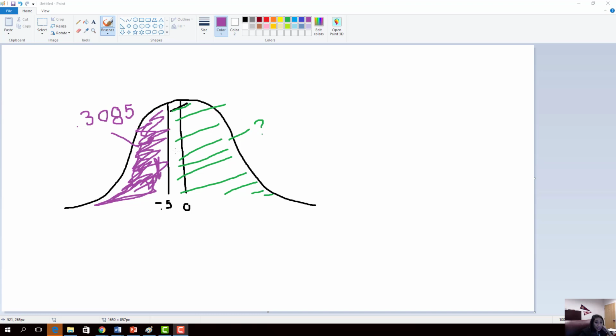But I want to know what this is. We also know that this entire curve is 1, so all you have to do is subtract 0.3085 from 1. 1 minus 0.3085 is equal to 0.6915.